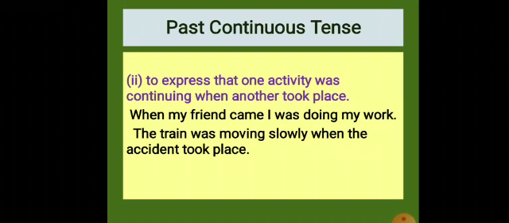There also we use past continuous tense. For example, when my friend came, I was doing my work. It means there are two actions. First is my friend came, another is I was doing work. So the continuing activity is I was doing my work when my friend came.